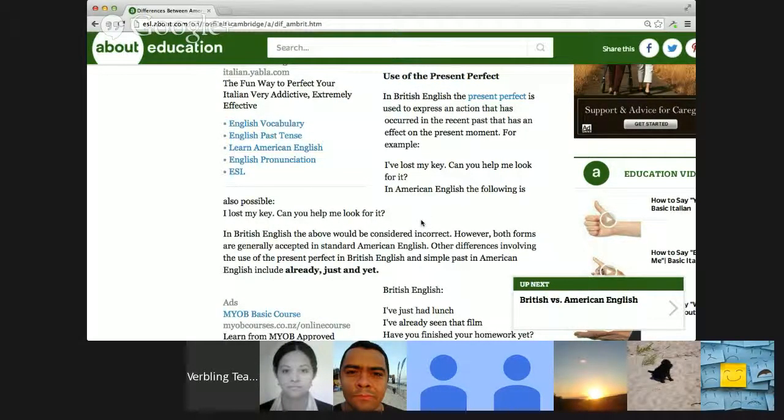In British English, the above would be considered incorrect. However, both forms are generally accepted in standard American English. Other differences involving the use of the present perfect in British English and simple past in American English include already, just, and yet.